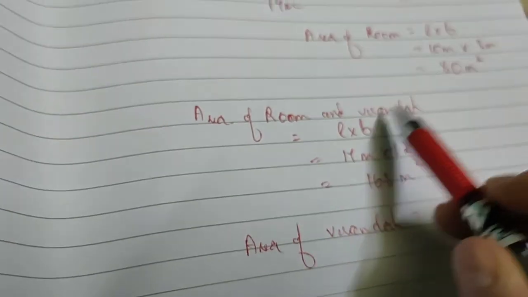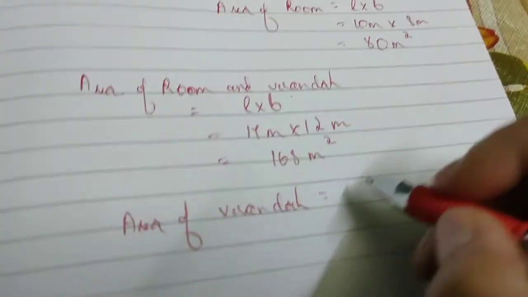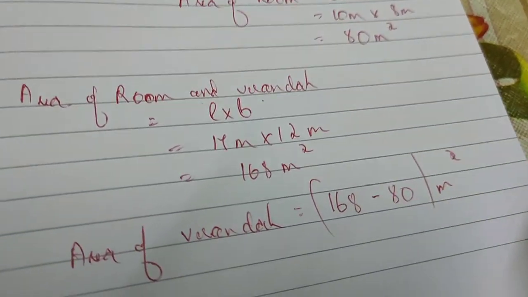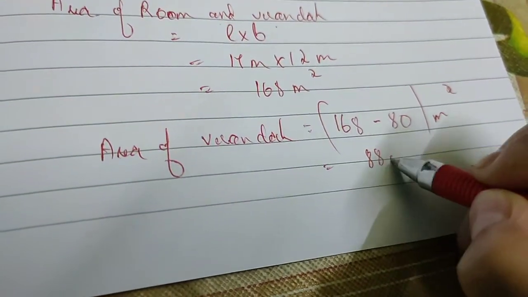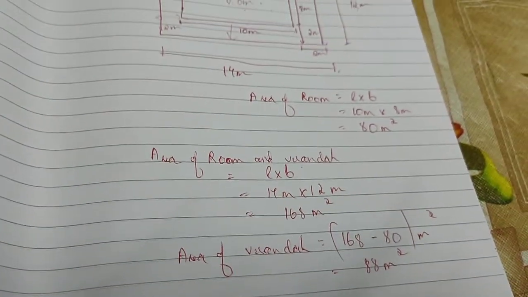Area of veranda is area of room and veranda minus area of room, that is 168 minus 80 meters square, which is equal to 88 meters square. I hope till here is clear to you.